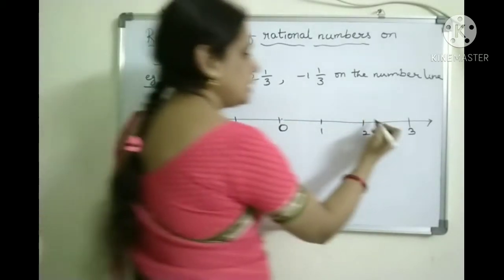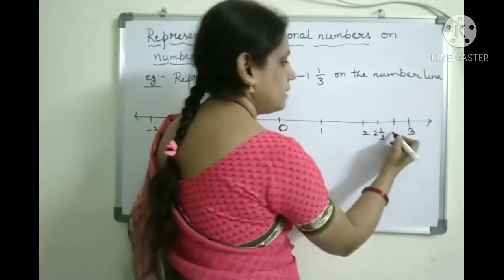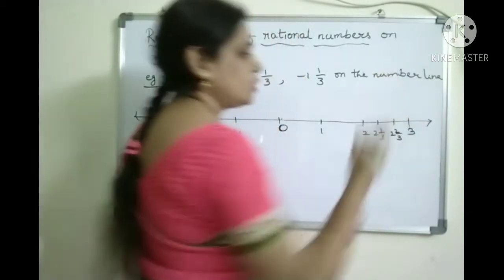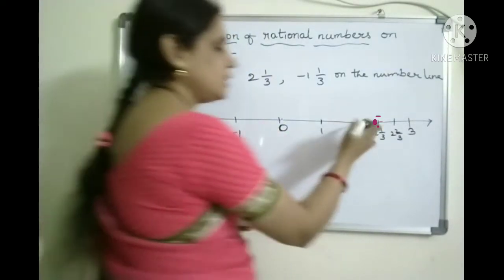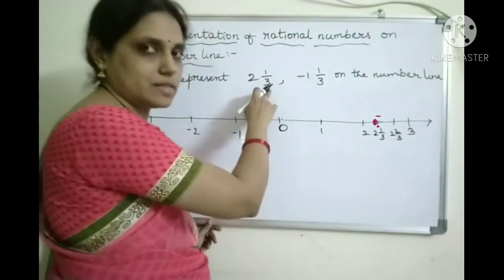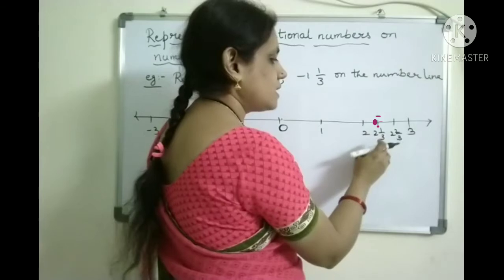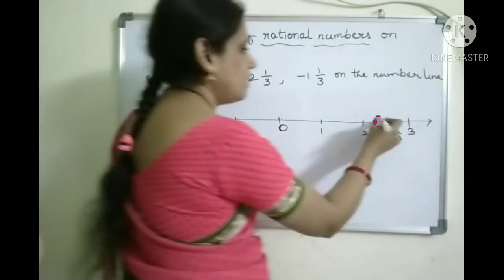So this will be 2 1 by 3 and this is 2 2 by 3. 2 3 by 3 will not be there, why? That is equal to 3 only. So this interval 2 to 3 is divided into 3 equal parts. Since the denominator is 3, after 2 the first part is 2 1 by 3, the second one is 2 2 by 3. So now what we have to represent?